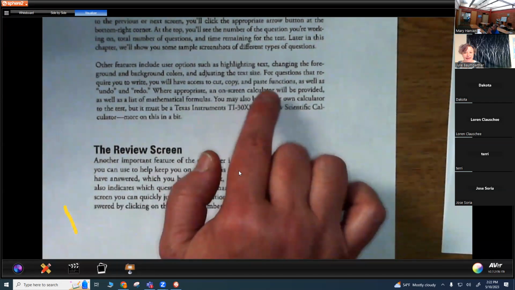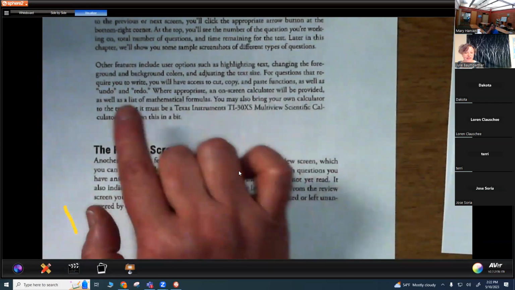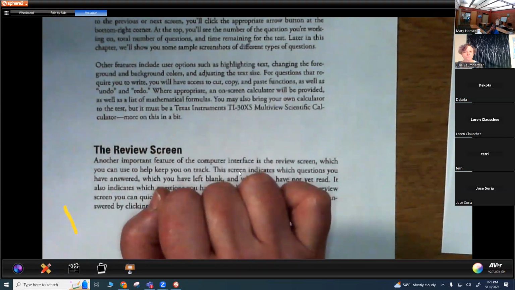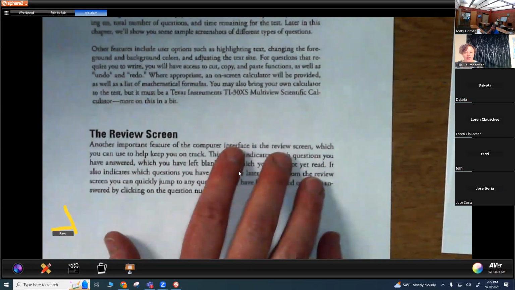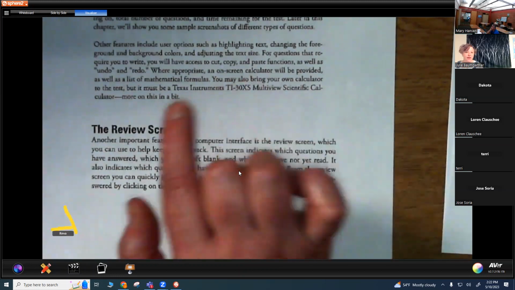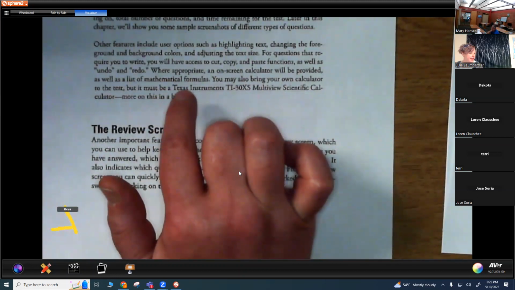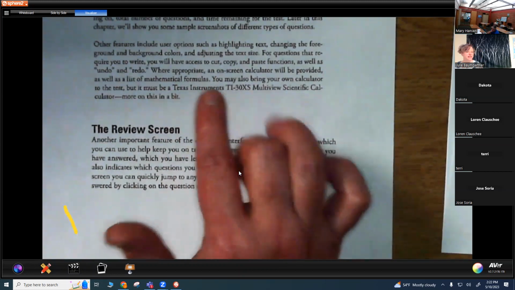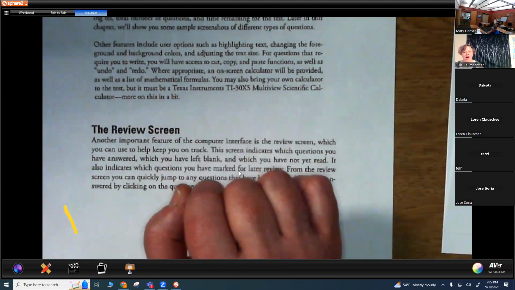You can use copy and paste, as well as undo and redo. We won't go into that too much. There's an on-screen calculator. You will have your formula sheet. It is only on the screen, which is a little bit unfortunate.